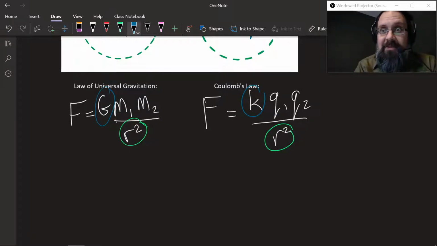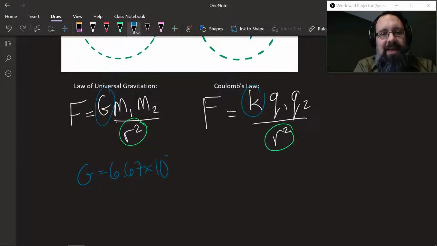So for universal gravitation, the constant G is 6.67 times 10 to the negative 11, and the units of that are newton meters squared per kilogram squared.